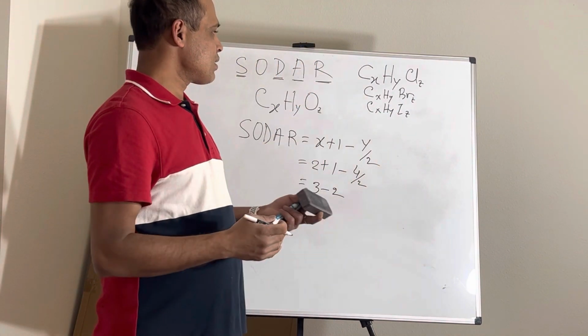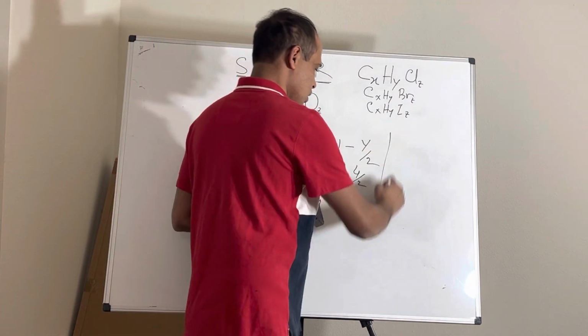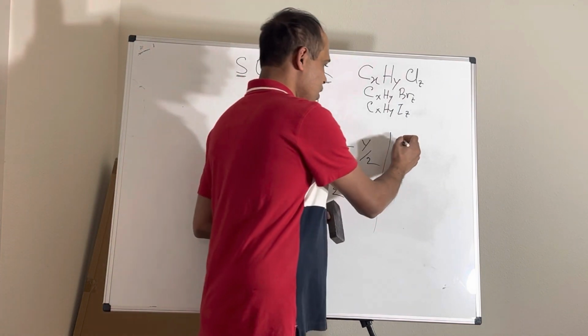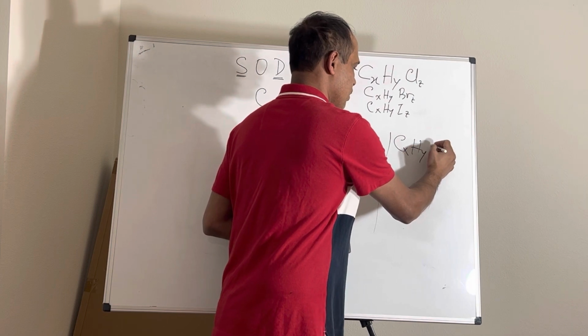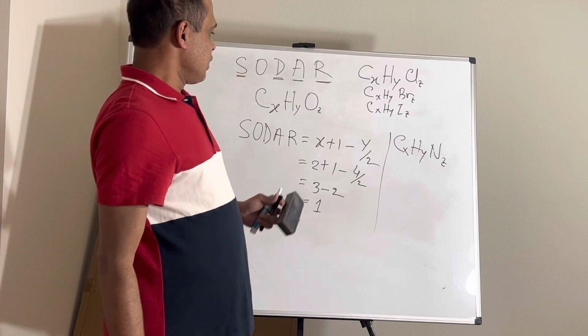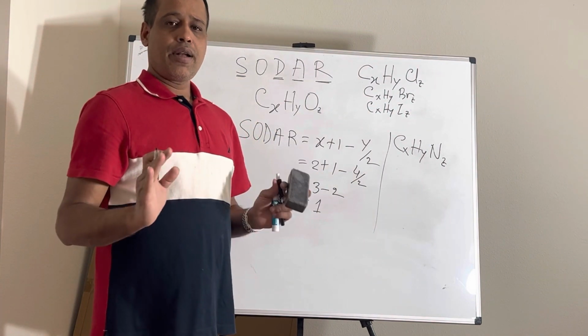So in that case, if you have the halogen, there is another kind of organic compound you will see, that is CXHY nitrogen Z. So one type is purely hydrocarbon, carbon and hydrogen.